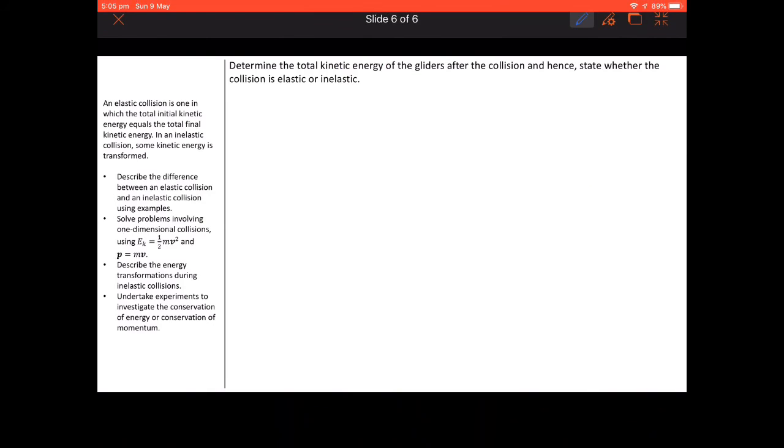The next question wants us to determine the total kinetic energy of the gliders after the collision and hence state whether the collision is elastic or inelastic. So to do this, it's the exact same process. We're just looking at the final total kinetic energy.